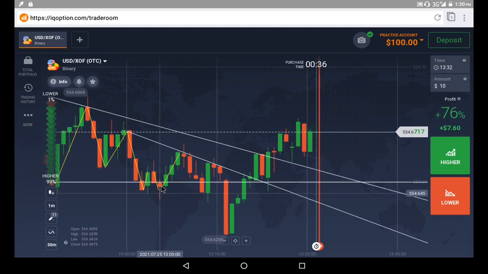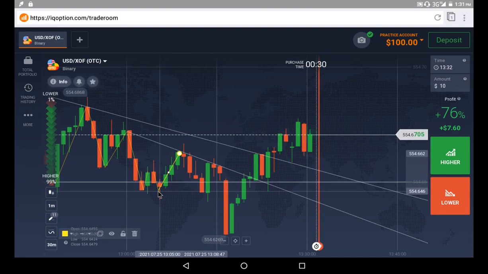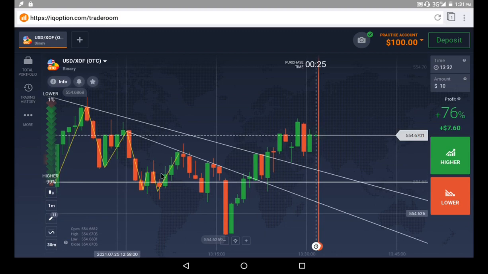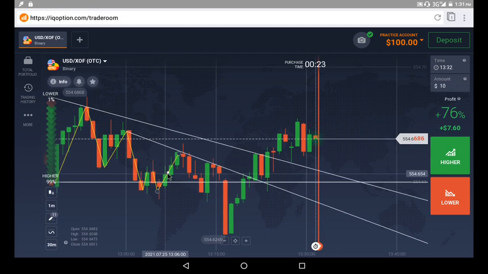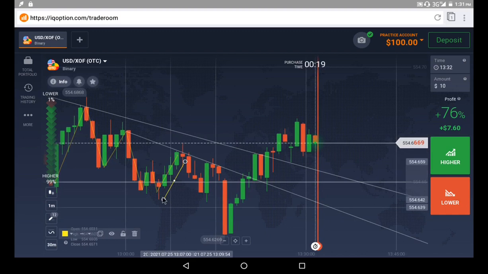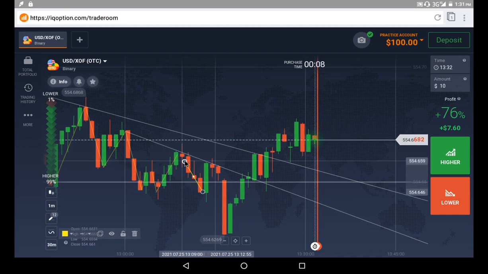Okay, can see. Clone it again. Clone this one. Okay, now as the market is making these moves, you observe the moves the market is making and observe the levels of support and resistance on the chart.